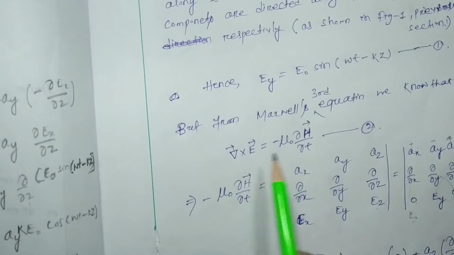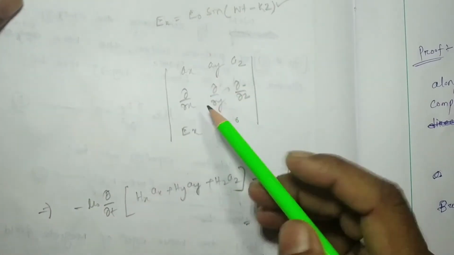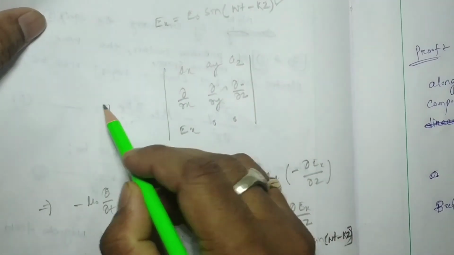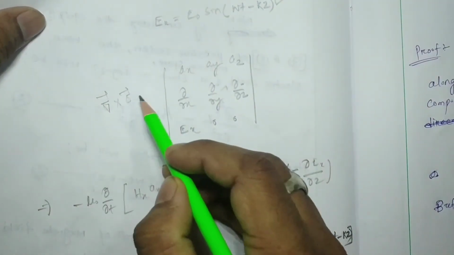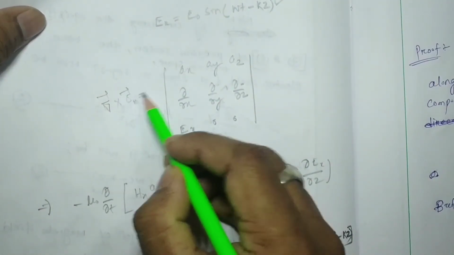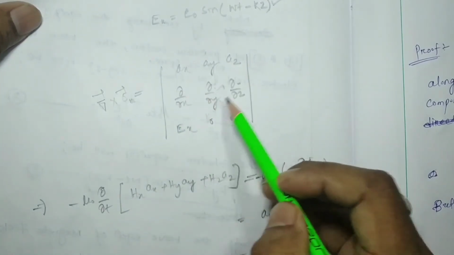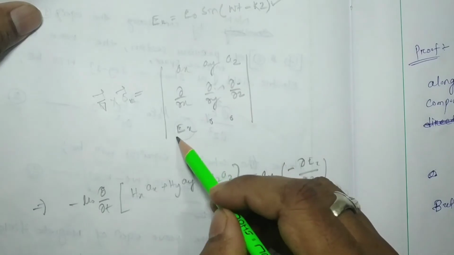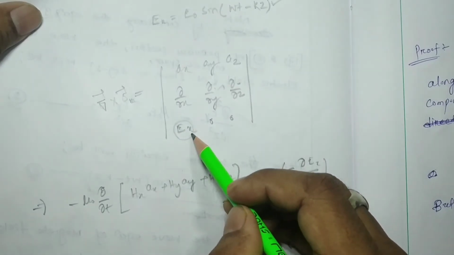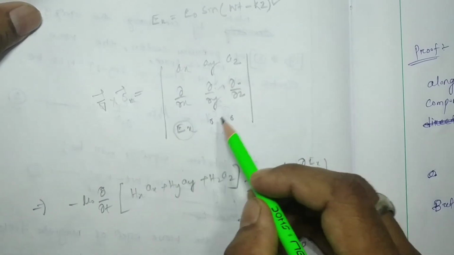Now we have to consider del cross E. If we consider del cross E, then it will be the determinant with ax, ay, az, del by del x, del by del y, del by del z. We have only the Ex component.